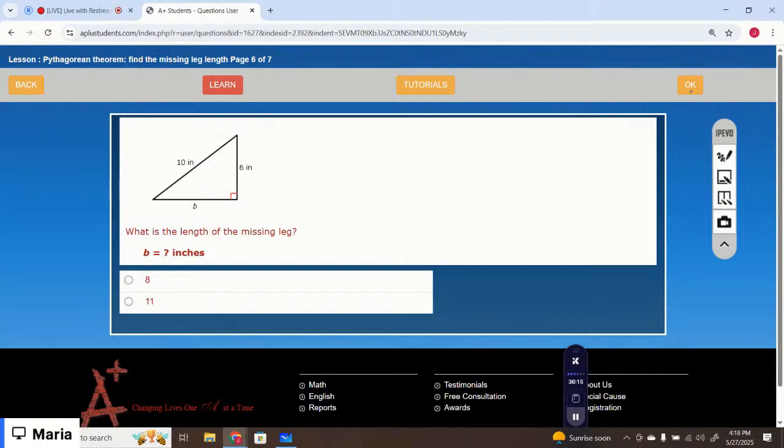What is the length of the missing line? Option number 1 is the correct option. That is 8.